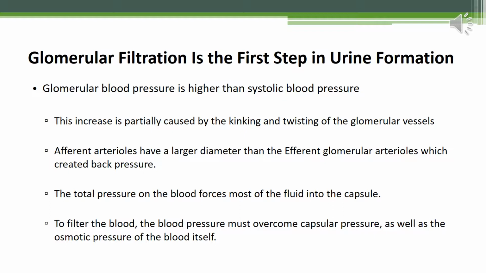Also, the efferent arterioles have a smaller diameter than the afferent arterioles, and this creates back pressure, which raises the total blood pressure. And the total pressure on the blood is what forces most of the fluid into the capsule. However, to filter, the blood pressure must overcome the capsular pressure, as well as overcoming the osmotic pressure within the blood itself.